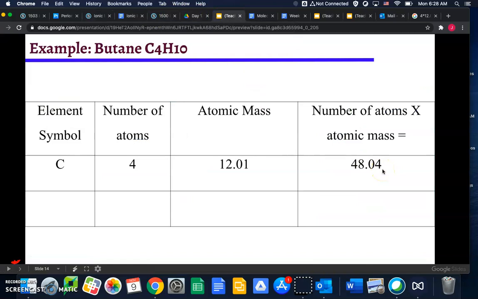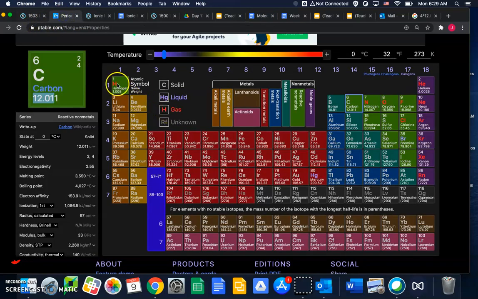Okay. The next element in this compound is hydrogen. There are 10 hydrogen atoms. The atomic mass of hydrogen is, well, if we round to 2 places after the decimal, this 8 will round that 0 up, so it should be 1.01.